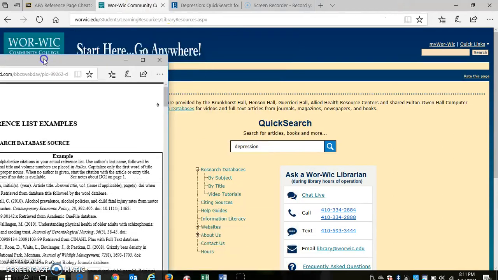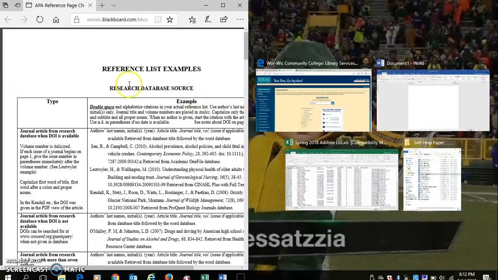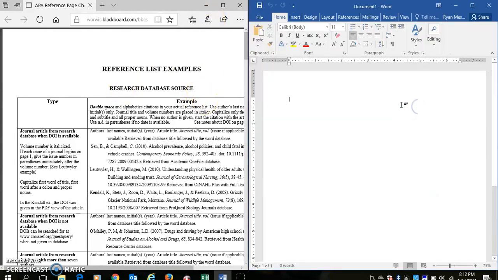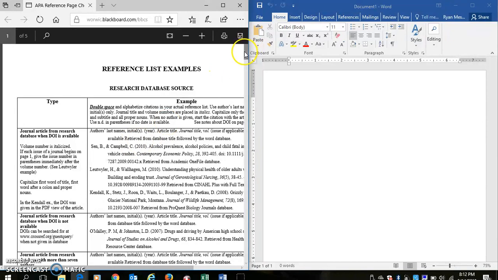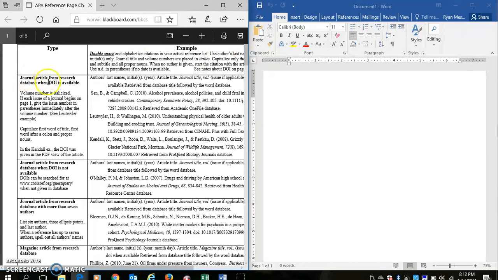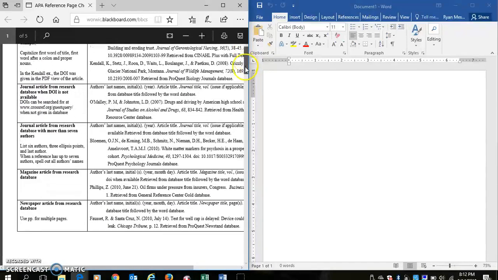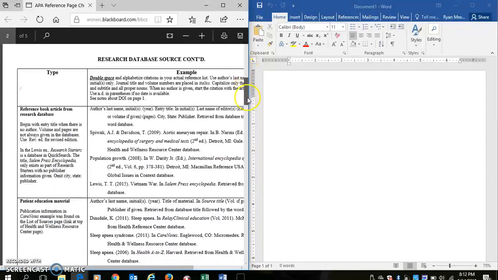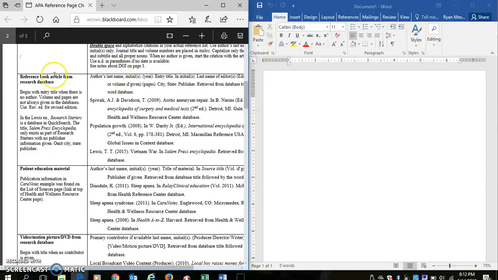So the first thing we want to do on here is find our particular scenario that we're looking at right now. So you can see there's a journal article. That's not what we're using. We are using a reference book article from a research database.